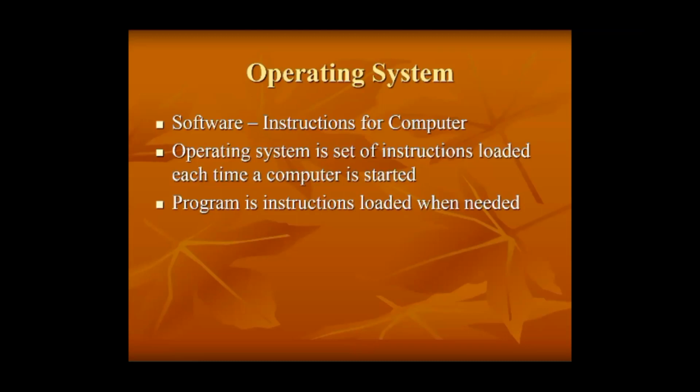System software is software that you really have to use before using the unit. That is typically the operating system. While application software are the programs that are loaded only when needed. For example, Microsoft Office and Adobe are application software.